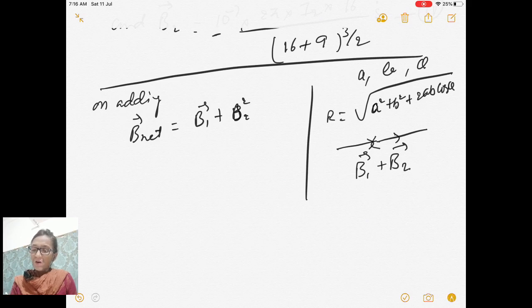When they are along opposite directions, it will have minus i cap and plus i cap.